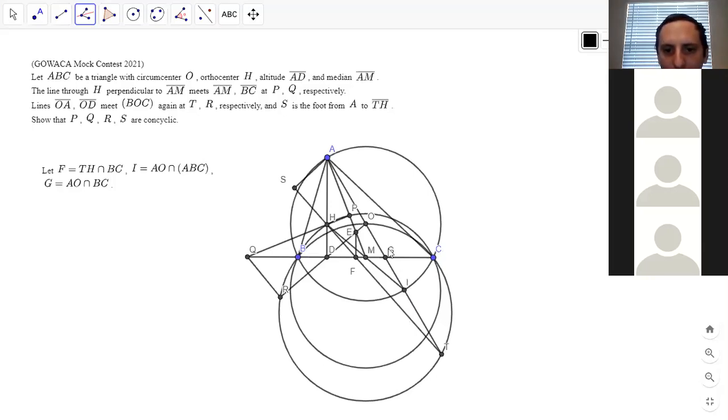Oh, because this is an angle bisector. So basically I is the incenter. Yeah, the incenter-excenter lemma.